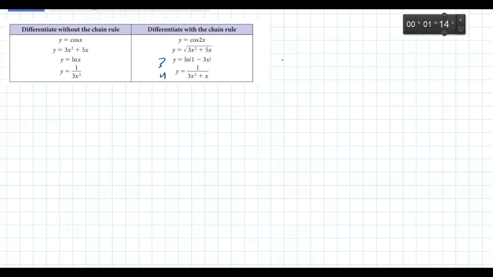Number 3 would be negative 3 over 1 minus 3x. Yes. And number 4 would be 6x plus 1 over 3x squared plus x.